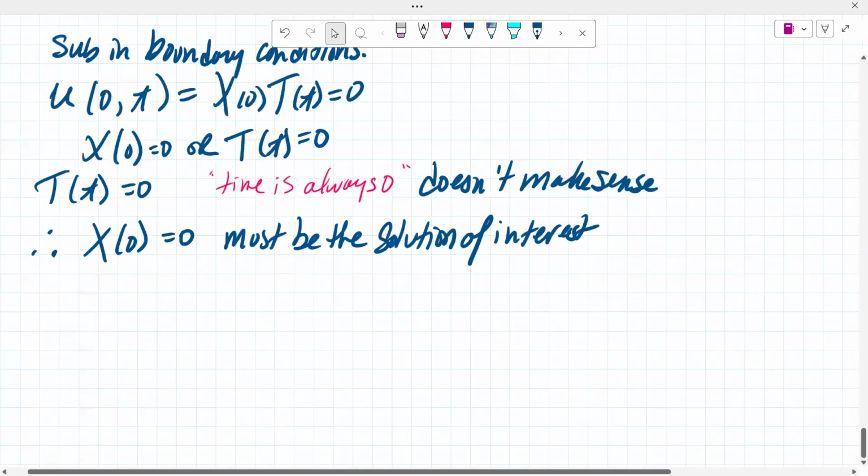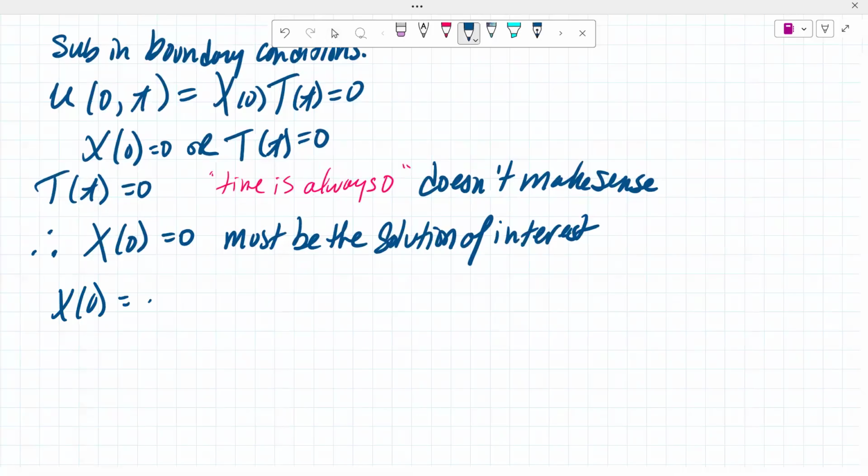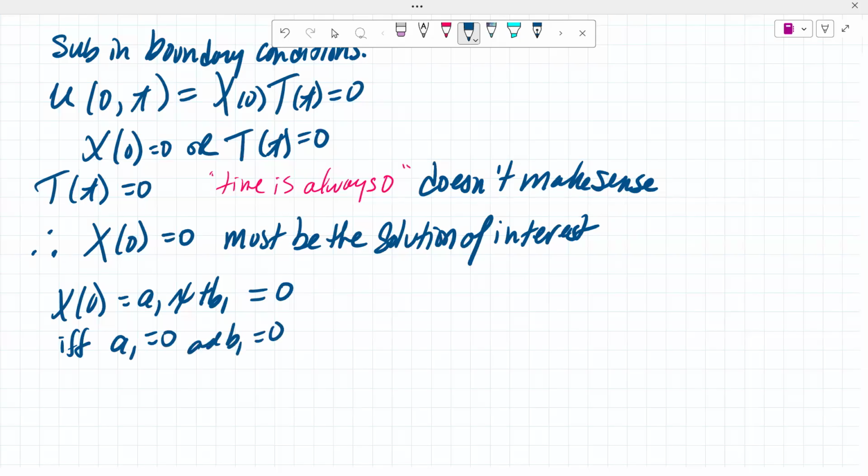All right, X of 0 equals a1 x plus b1 equals 0. This is if and only if a1 equals 0 and b1 equals 0.